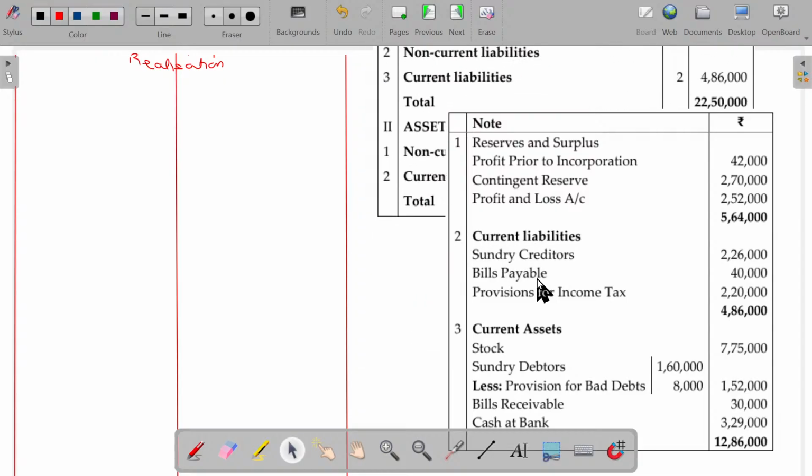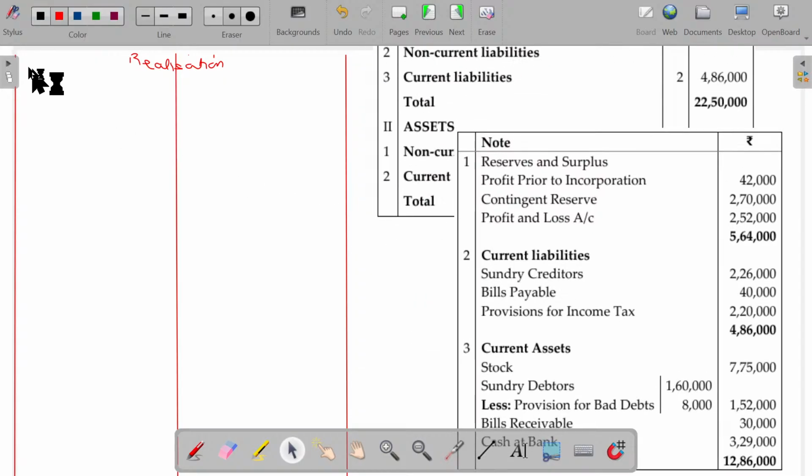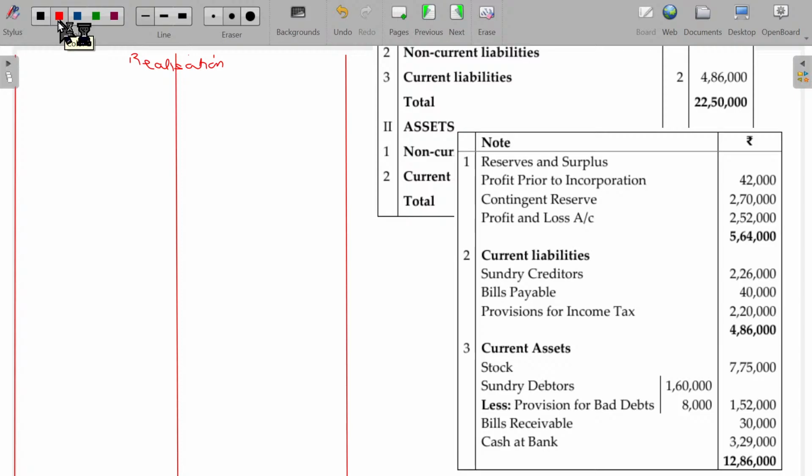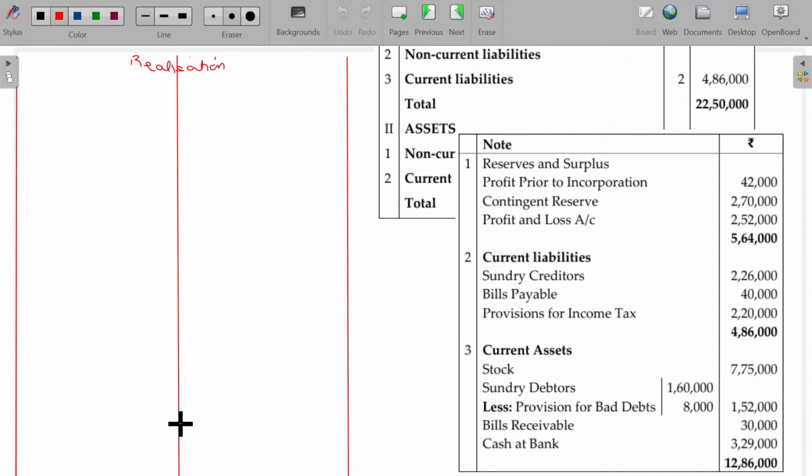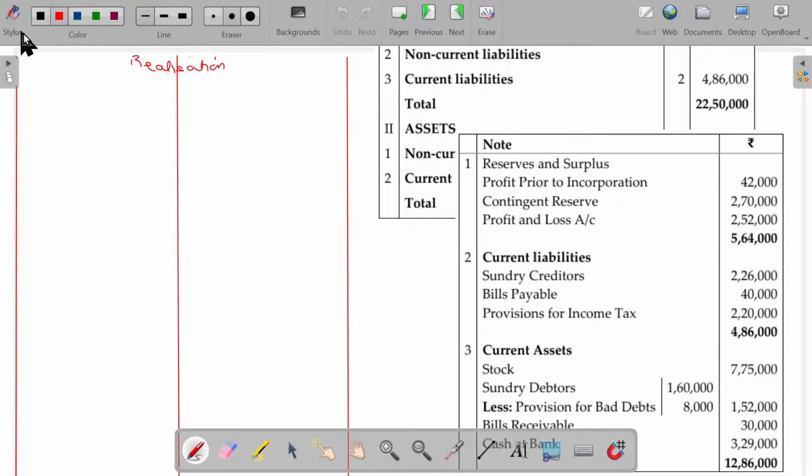We have to follow only the purchase method. The realization account, and then the purchase consideration account. Rather than that, what we can do is cash and bank account, equity shareholders account, and Y Limited account. That's all. You need not open the purchase consideration account here.